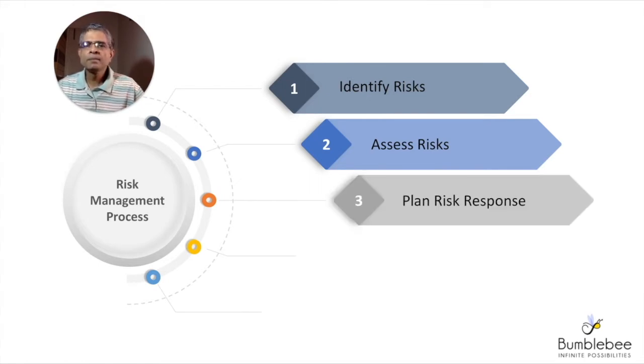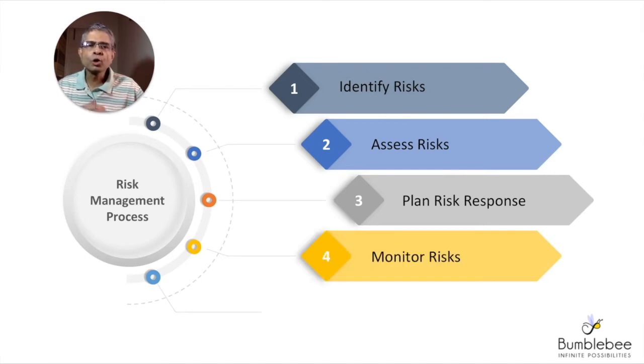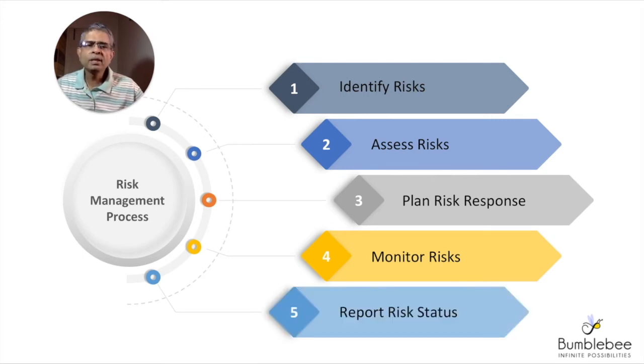The third, planning the risk response, both in advance and if they do occur. The fourth, monitoring these risks on an ongoing basis throughout the project. And finally, reporting these risks and communicating it to all the stakeholders. These are the 5 key elements of any risk management process in a software project.